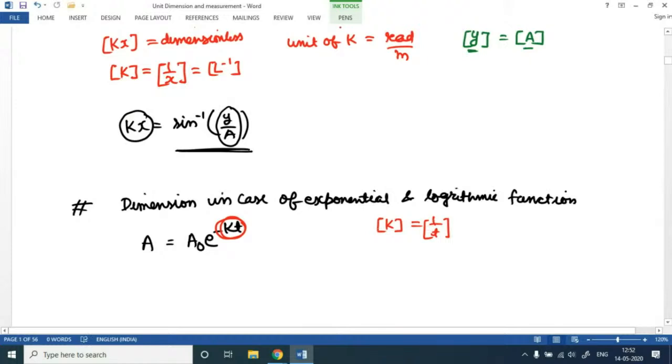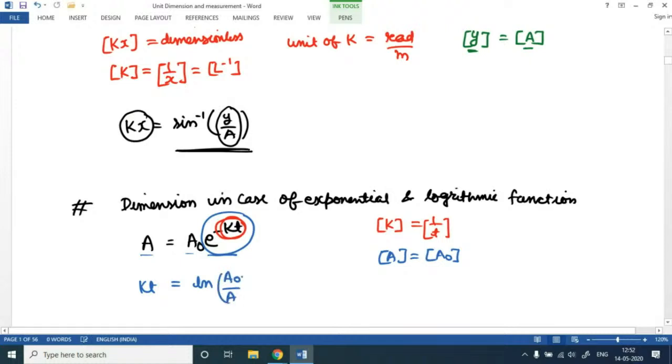And also, you should realize that e to the power minus kt would also be unitless and dimensionless. So when we have represented a is equal to a naught into e to the power minus kt, since that quantity is unitless and dimensionless, the dimension of a and a naught would be the same, and the unit will be the same as well. Alternatively, you can represent this function like kt is equal to ln a naught upon a.